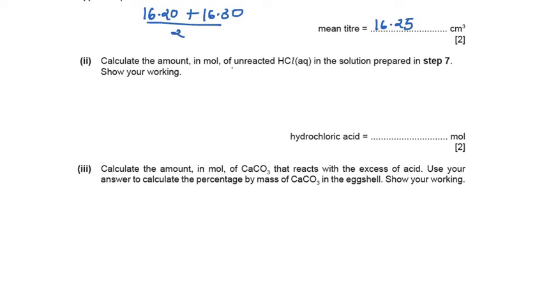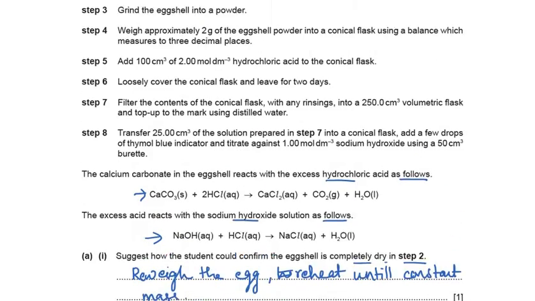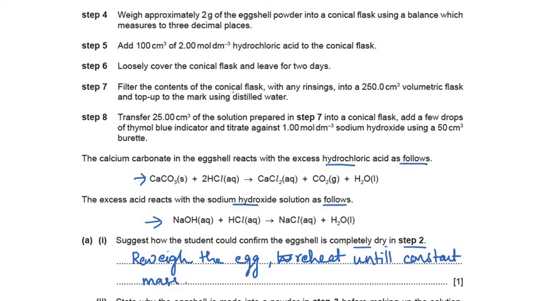The next sub question is: calculate the amount in mole of unreacted hydrochloric acid in the solution prepared in step 7 and show your working. First let's have a look at step 7. It says to filter the contents of the conical flask with rinsing into a 250 volumetric flask and top up to the mark.